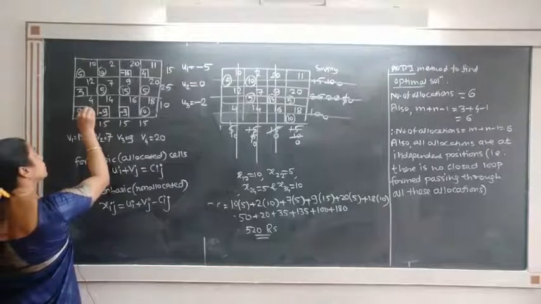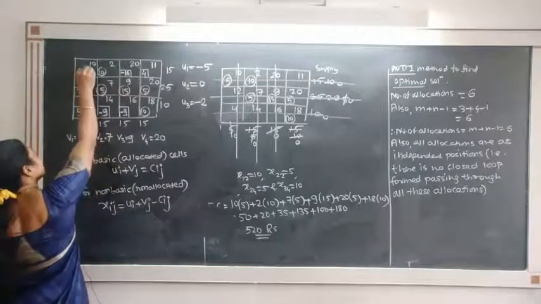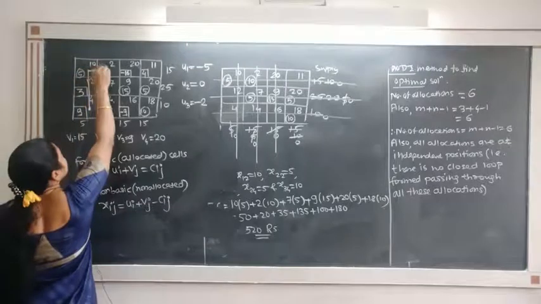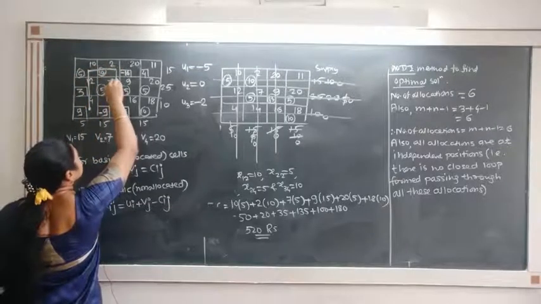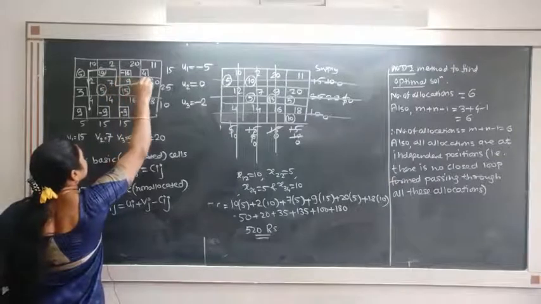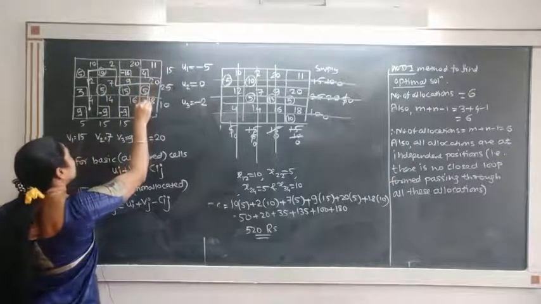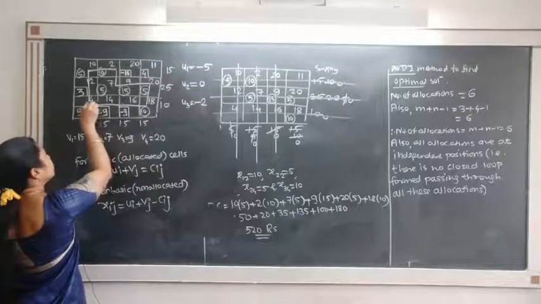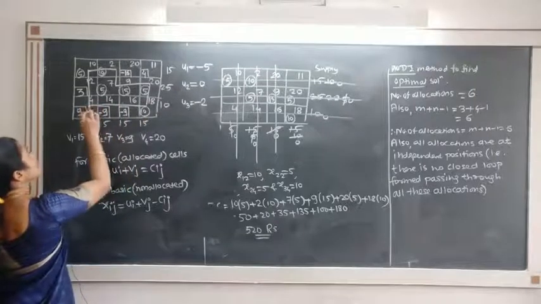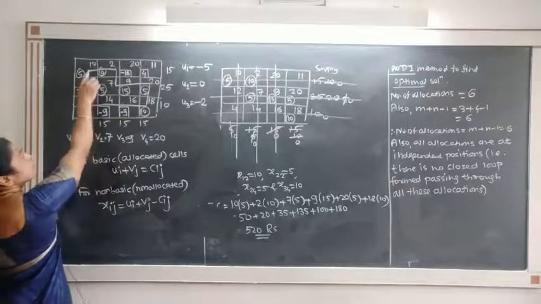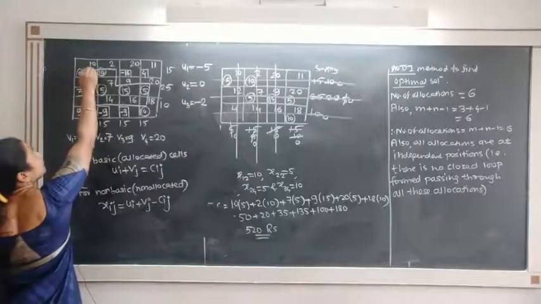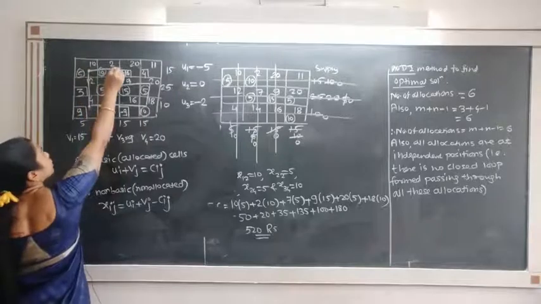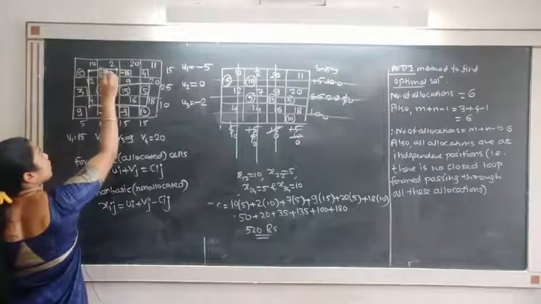Observe that this is the closed loop starting with this point such that at each corner point there should be allocation. See that at this corner point there is allocation, at this corner point allocation.